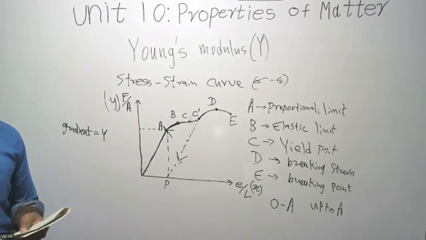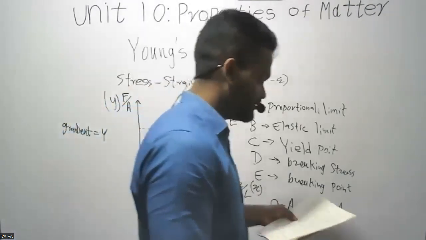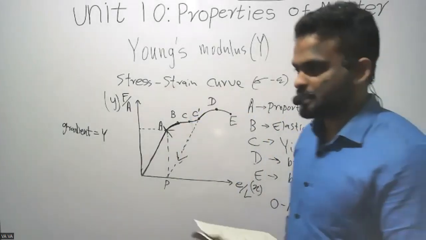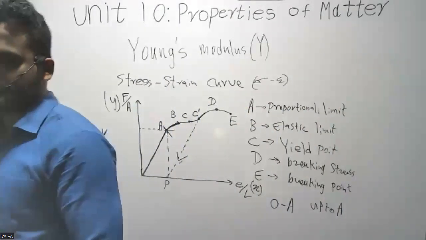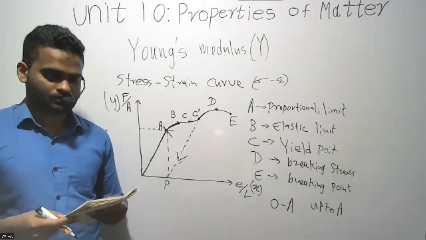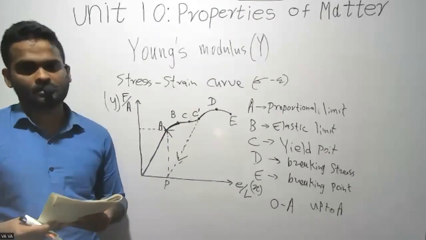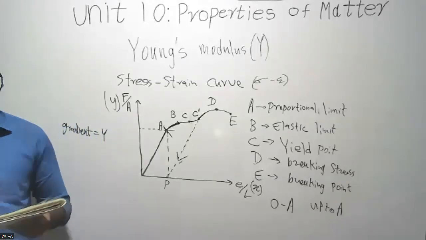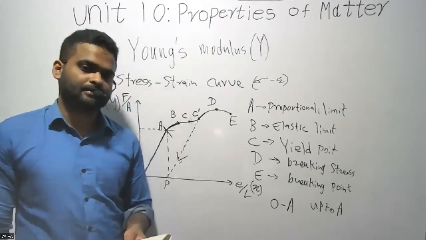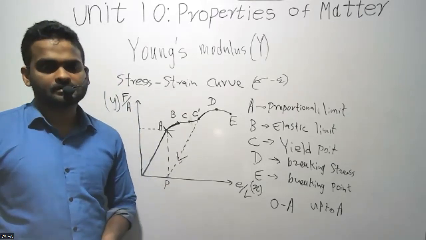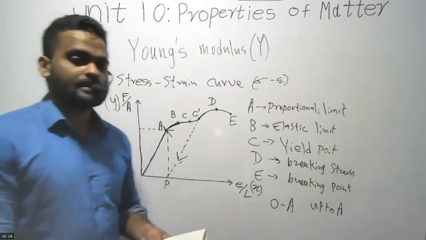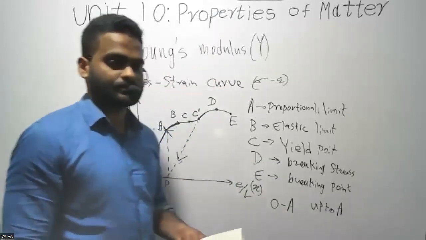Then write, but if stress is lowered gradually from B, strain decreases following the graph.